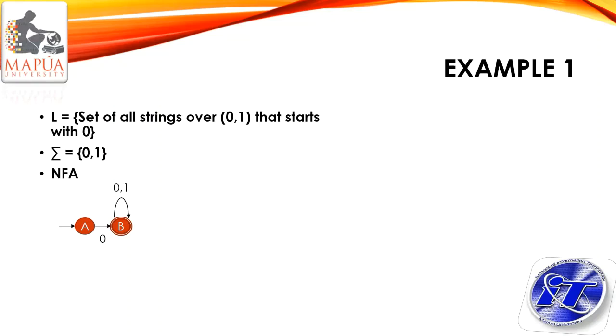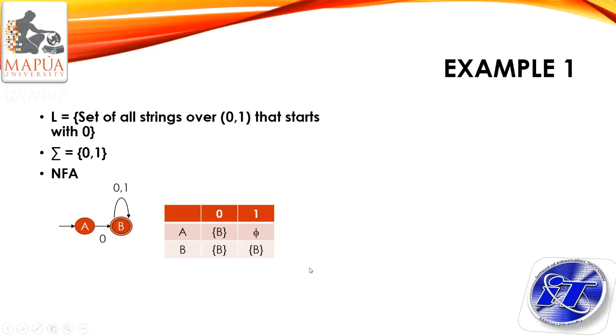Next, after determining the NFA, we're going to determine the delta function, the transition table. So let's draw. We have 2 states, A and B, and 2 alphabets, 0 and 1. If A encounters 0, it will go to B. But if it encounters 1, there is no transition, no movement, nowhere to go.